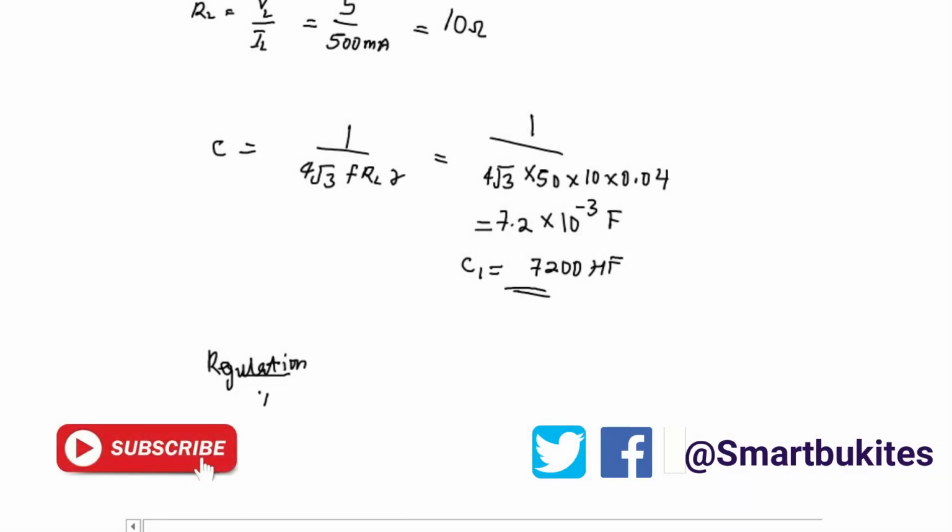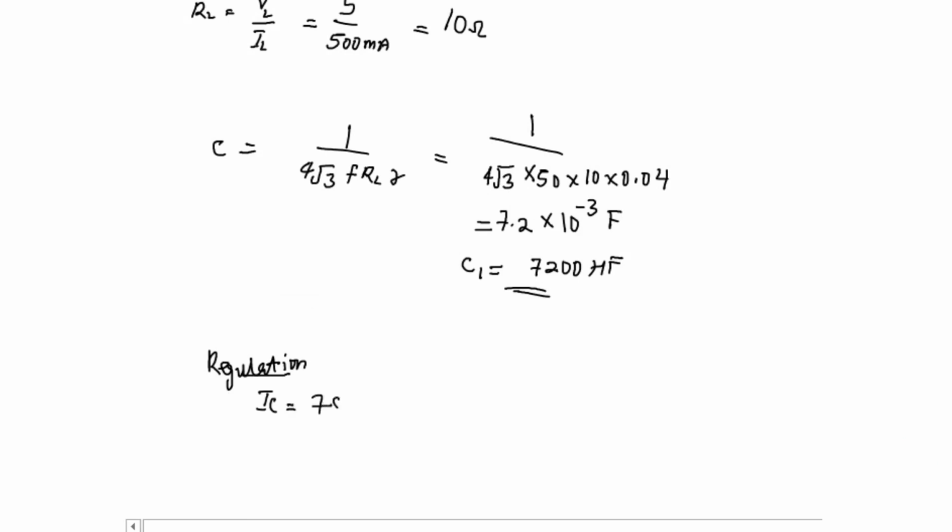So for the regulator side, we choose the IC to be 7805. The 78 series ICs produce a positive voltage, and the index here, that is the 2 digits, signifies the amount of voltage that the IC allows to pass.